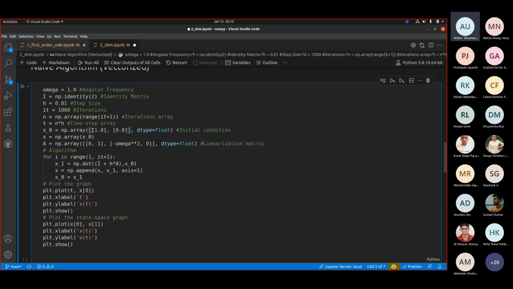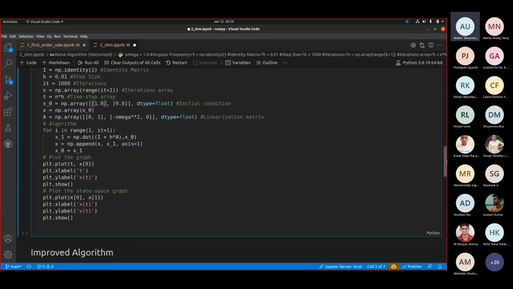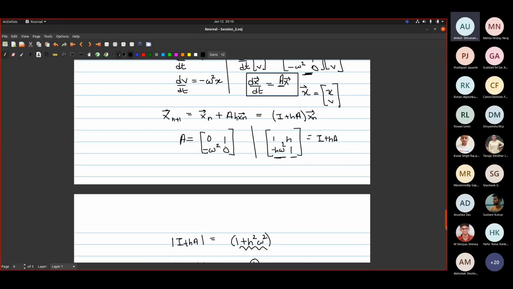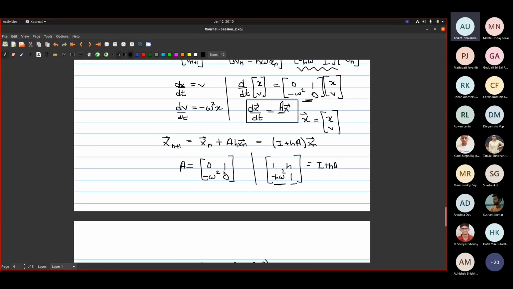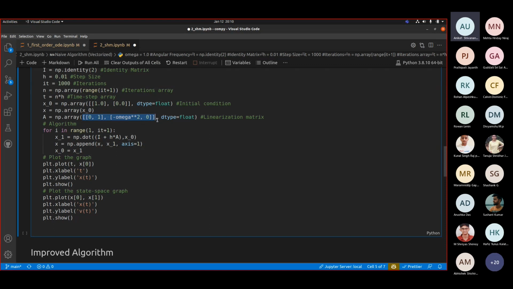So this gives me my initial position to be 1 and my initial velocity to be 0, and I will put this vector in this x array. And this is my A array, 0 1 minus omega squared 0. This will give me a 2 cross 2 array.